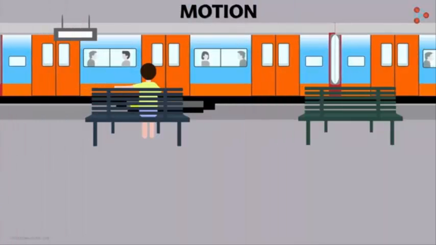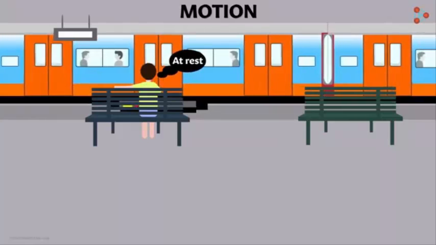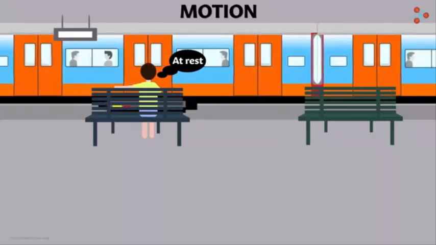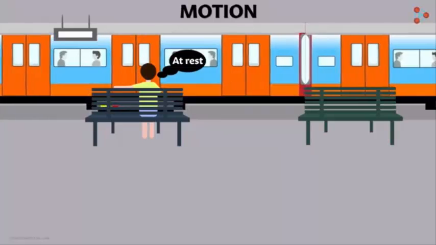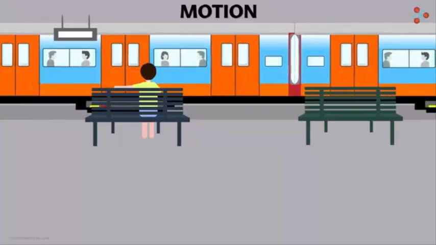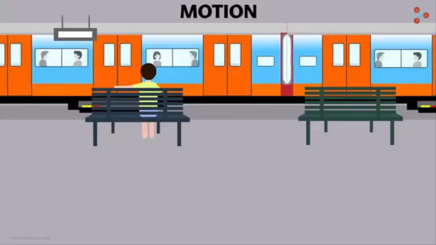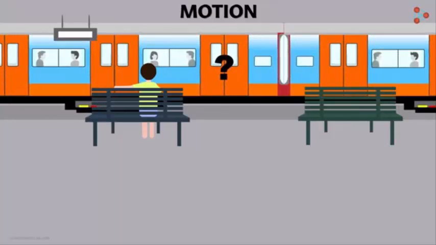Moving on to how rest and motion are related to each other. The best example of it is a boy sitting outside the train and two persons sitting inside the train. For the person sitting outside the train, when the train is moving, they can say that the train is in motion.